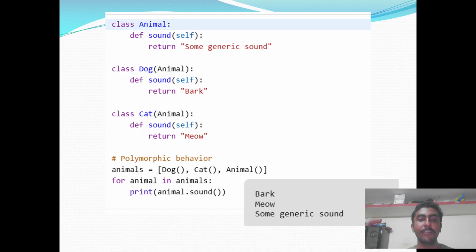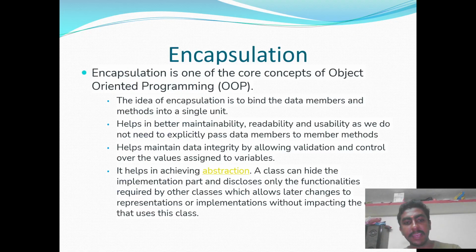If I write for animal in animals, print animal.sound, I get bark, meow, and some generic sound. Even though all these classes have the same method called sound, each behaves differently. So let's go to the next topic, called encapsulation.